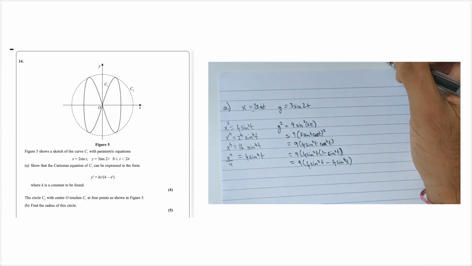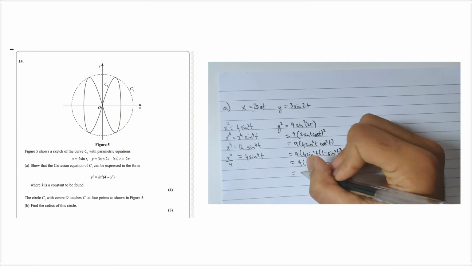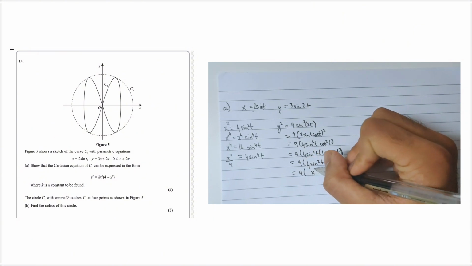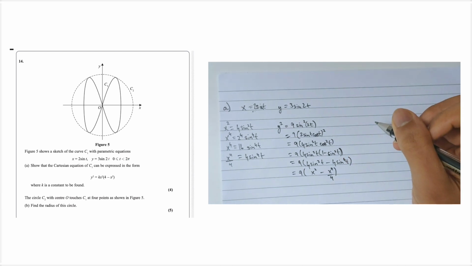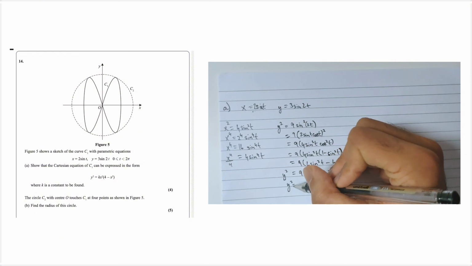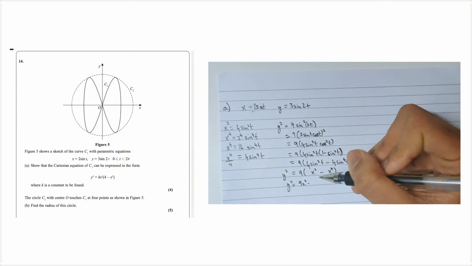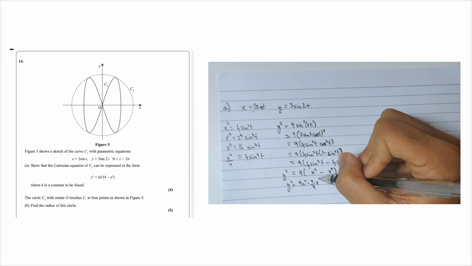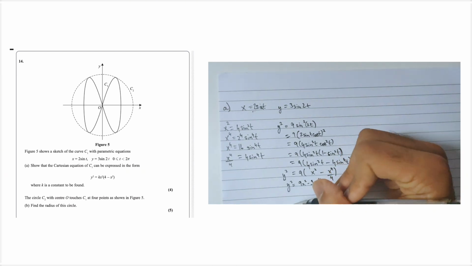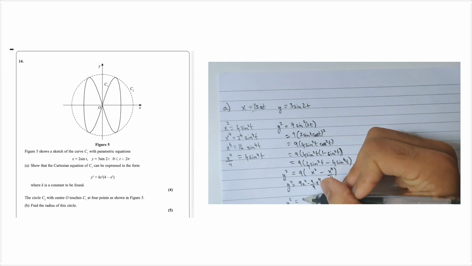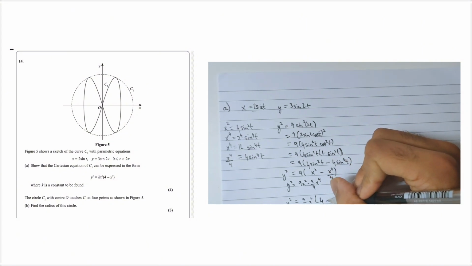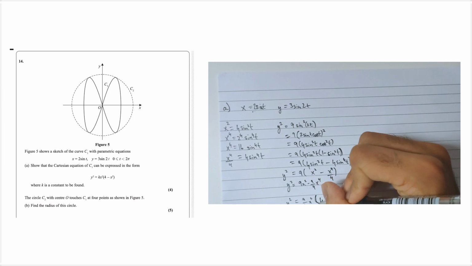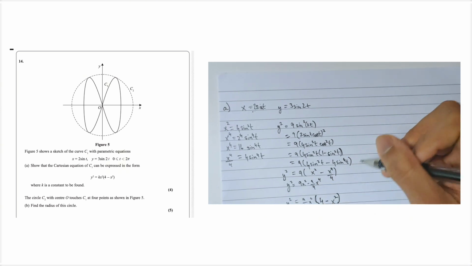Then we just plug that in, so that equals 9 (x squared minus x to the power of 4 over 4). Then we expand, and we get y squared equals 9x squared minus 9 over 4 x to the power of 4. And then we can factorize this and get 9 over 4 x squared (4 minus x squared). And that's it for part A.